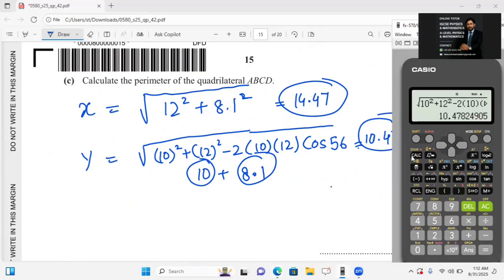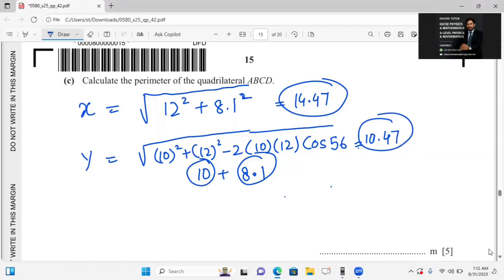So let's go for it. 10.47 is already written over there, plus 14.47 plus 10 plus 8.1 equals 43.05.